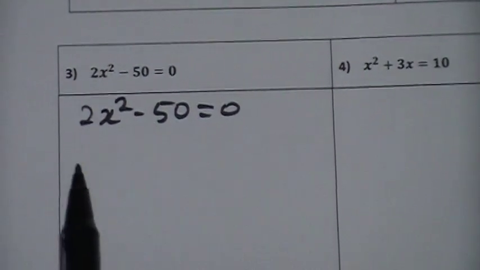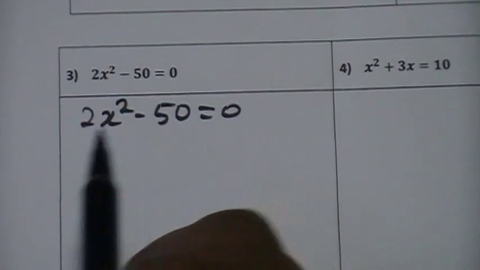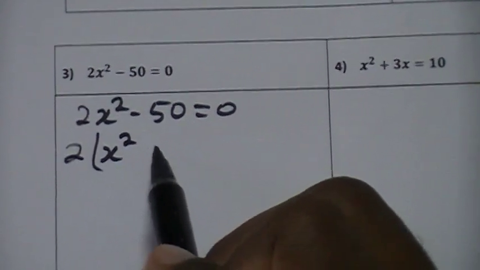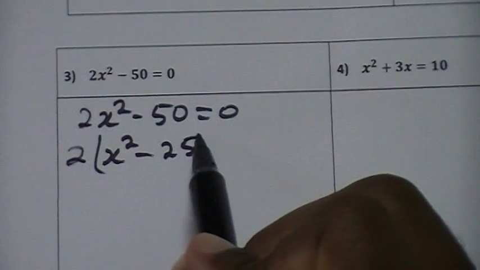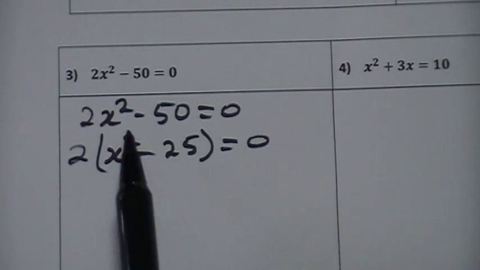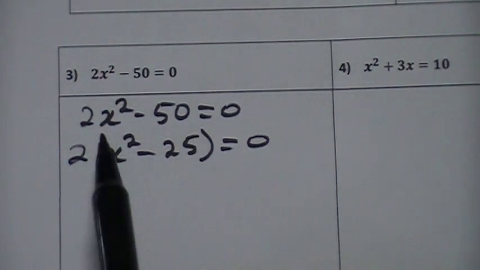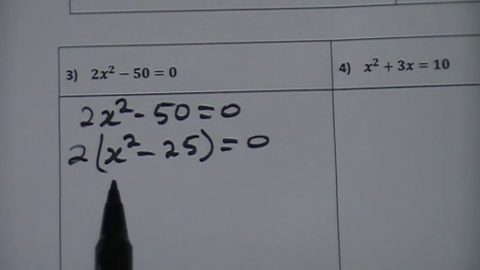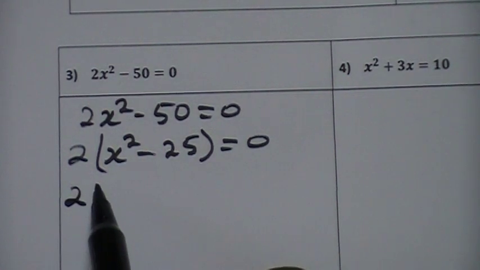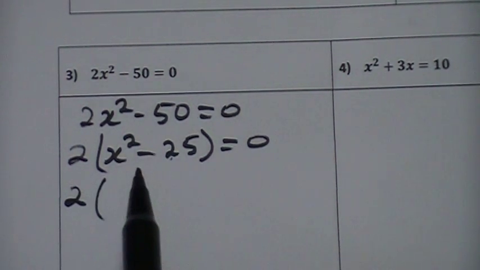Now recognizing that we have common factors in the entire expression, so we just factorize using the highest common factor of 2, that is in both terms. Now this can be factorized further. This is the difference of two squares.